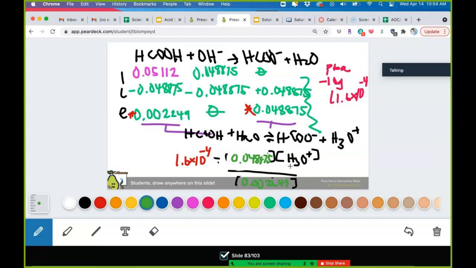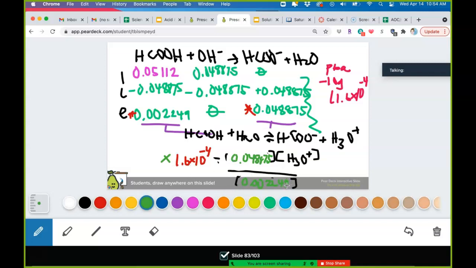This number actually comes out a little bit different. So you would take 1.6 times 10 to the negative fourth, multiply by this number right here, and divide by that number, right, cross multiplication. And that gives you H3O plus.